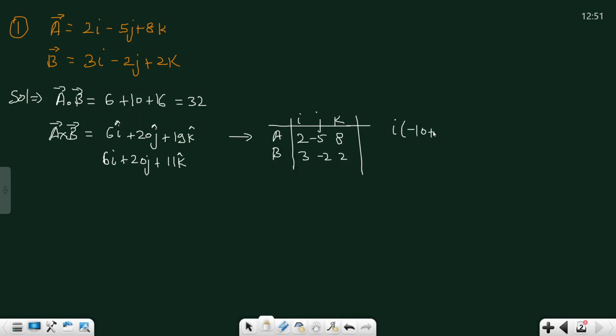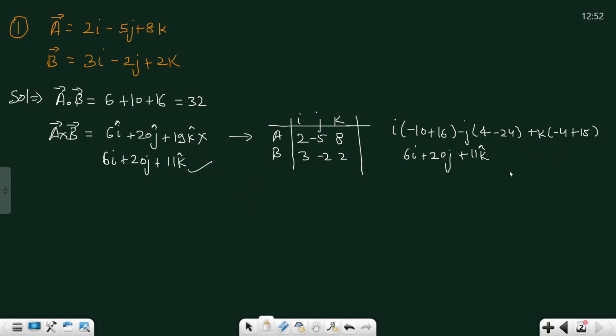Minus 10 plus 16, minus J (4 minus 24), plus K (minus 4 plus 15). So this is 6I plus 20J plus 11K. So this is correct. This is incorrect. Clear?